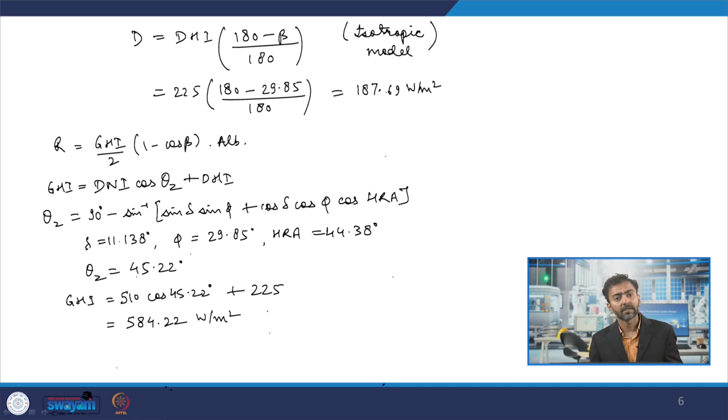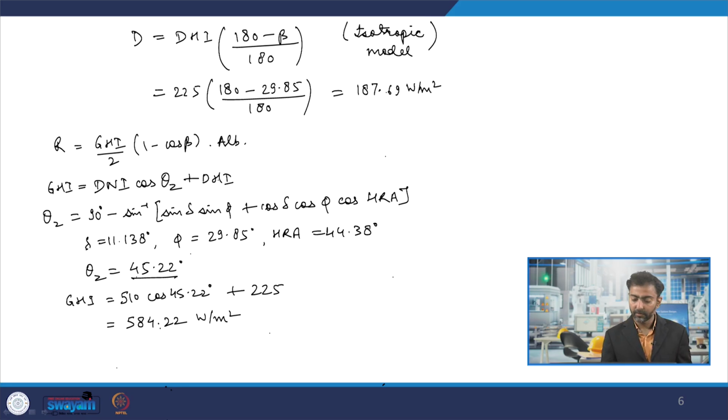So, as you can see, GHI at this instant is significantly lesser than just the plain summation of DNI and DHI. If you just do the simple plain addition of DNI and DHI, this would be around 735, but due to this cos of solar zenith angle being only 45 degrees at this instant, we are getting this value as 584.22 watt per meter square.